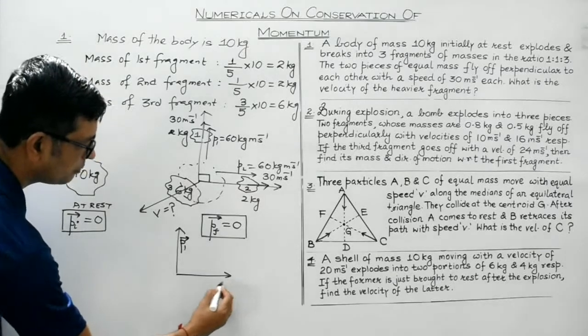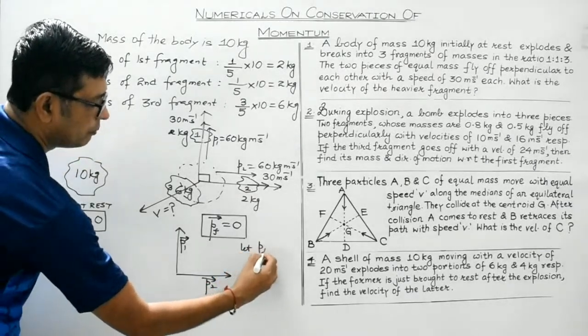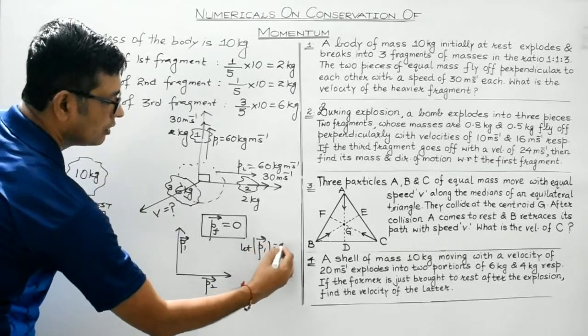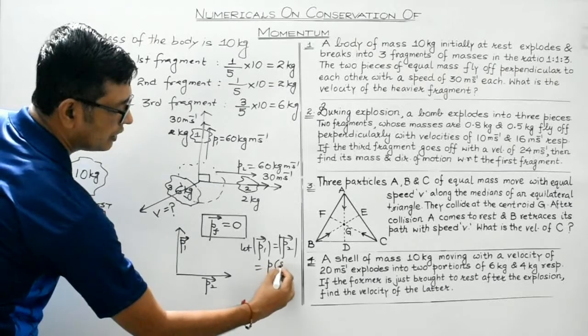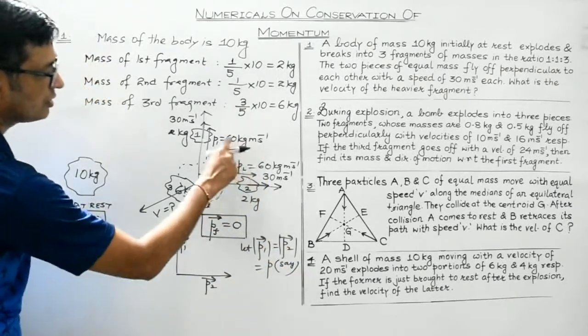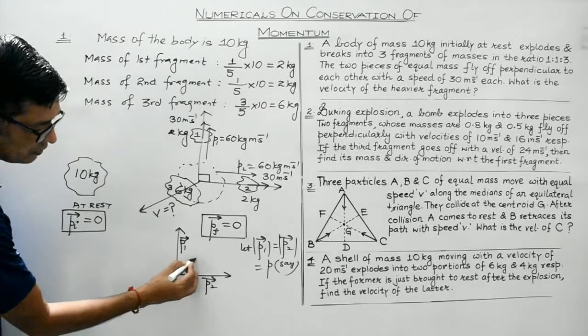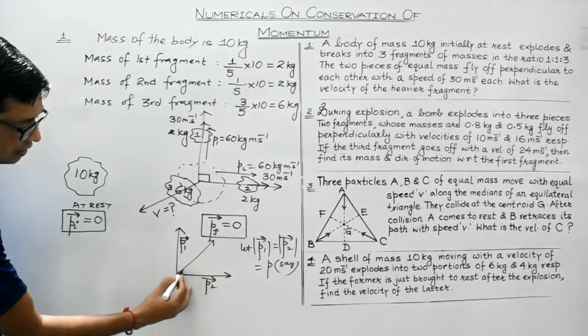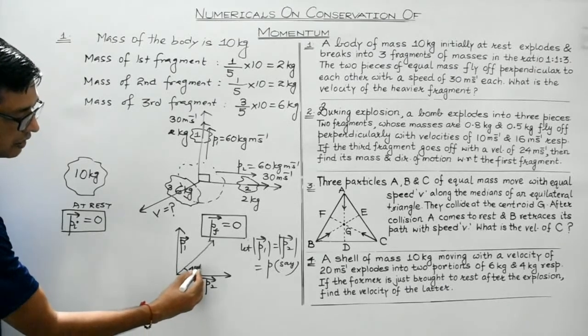This is P2, and both are equal. Let P1 equal to P2 equal to P, say, each in magnitude is 60 kg meter per second. So what will be the resultant? It will be like this. It will bisect the angle between these two. So if the angle between P1 and P2 is 90 degree, then this angle would be 45 degree.